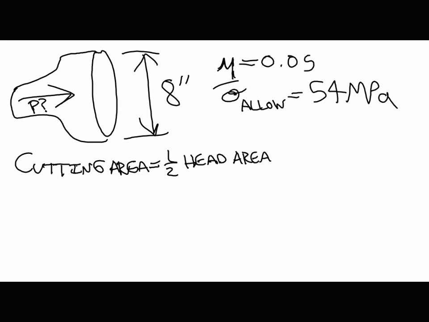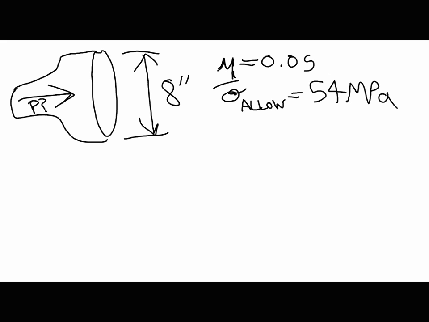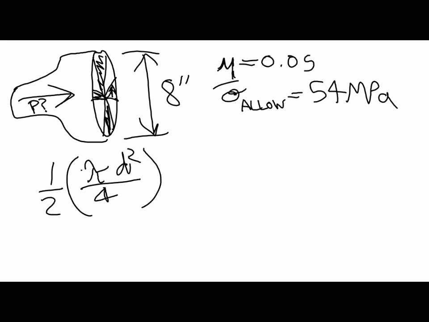So I have a stress. I want to get to a force, so it's logical that I need an area. I know that I actually only care about like half of this. Not to scale. So I do my pi d squared over 4, and multiply that by 1/2. That gives me the area of my cutter, if you will.